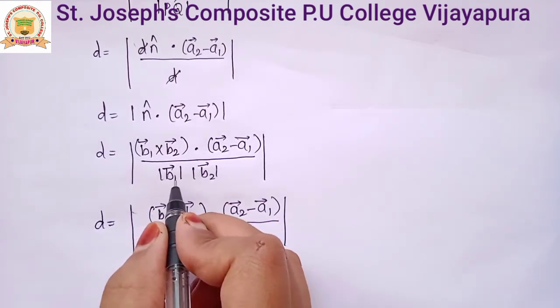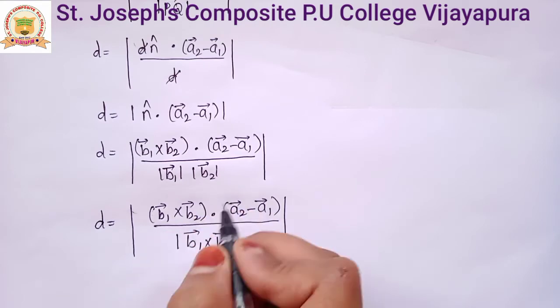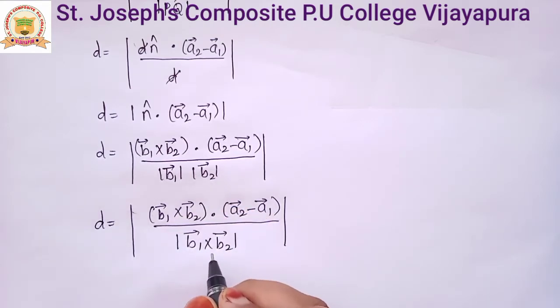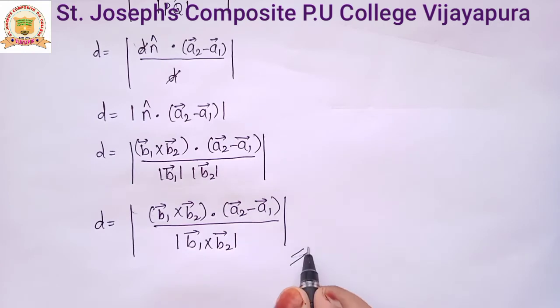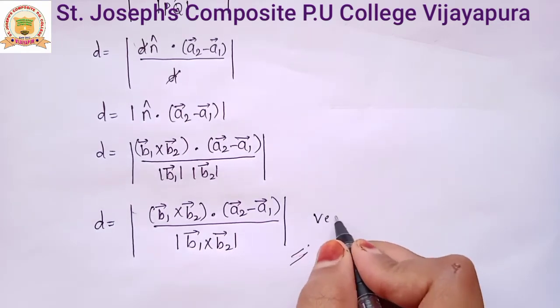Here magnitude of B1 into magnitude of B2 can be written as magnitude of B1 cross B2, where the angle theta is 90 degrees, so sin theta is equal to 1. So therefore we write this in this manner. This is the required formula for calculating the shortest distance between two skew lines L1 and L2 in vector form.